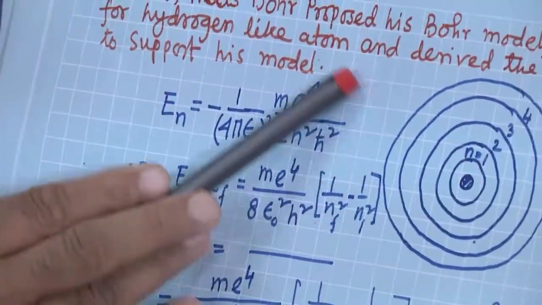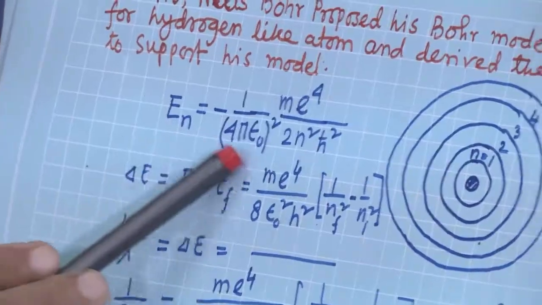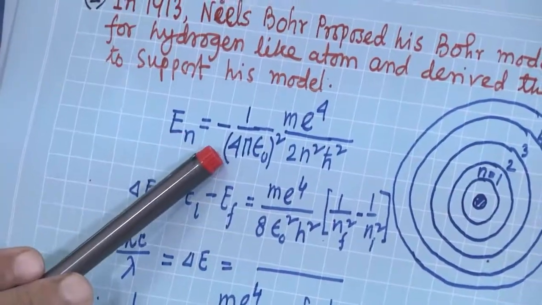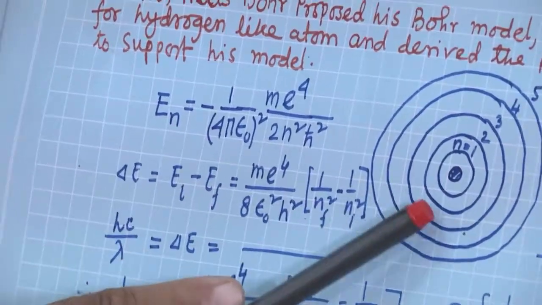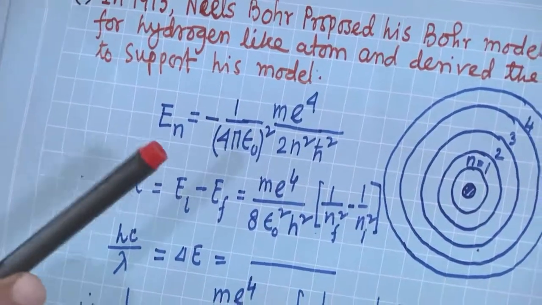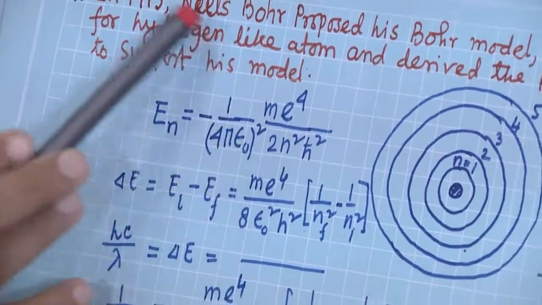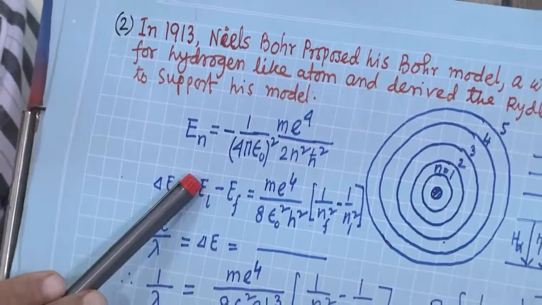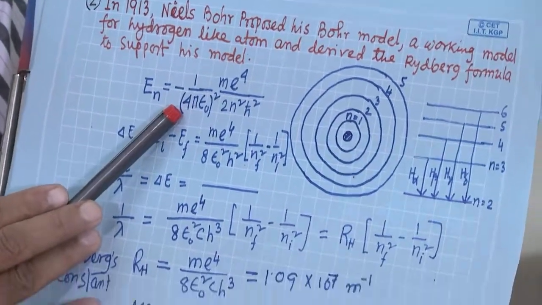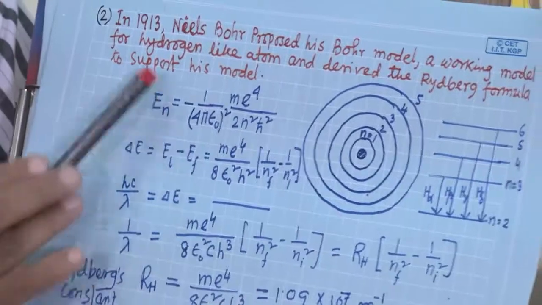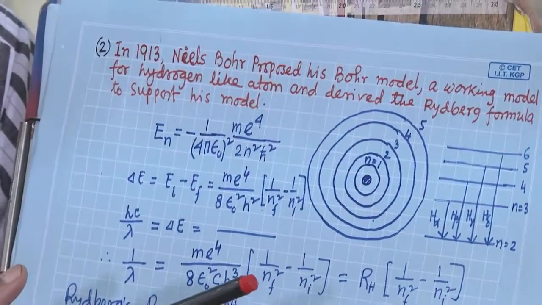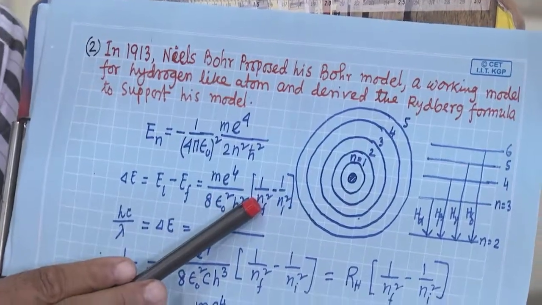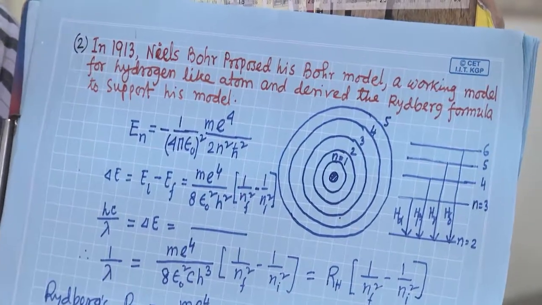This was the quantitative expression for the energy of a hydrogen-like atom. Hydrogen-like atom means the outermost shell has one electron, and this theory is extended to other hydrogen-like atoms like sodium, potassium, etc.